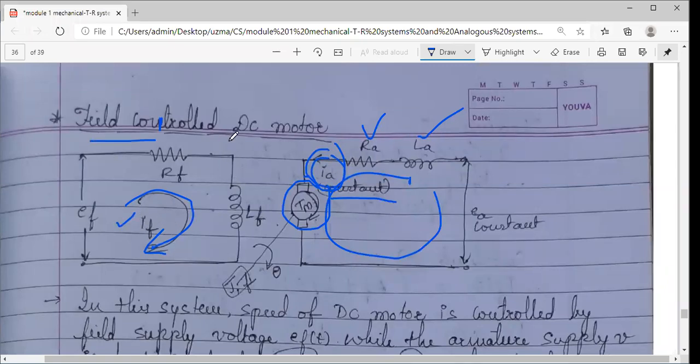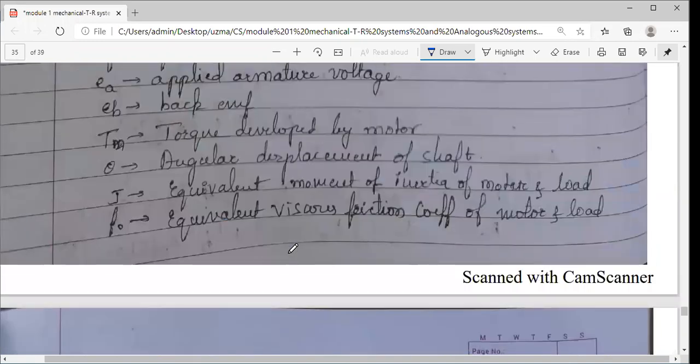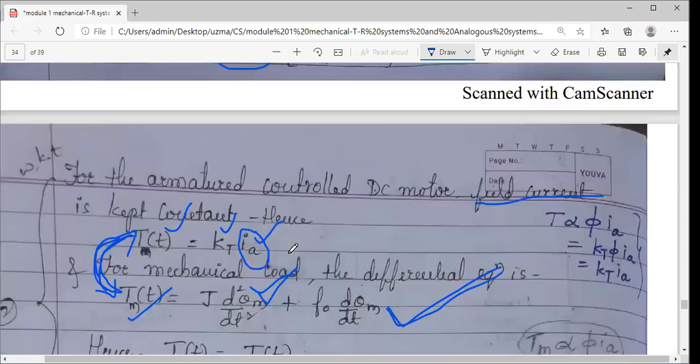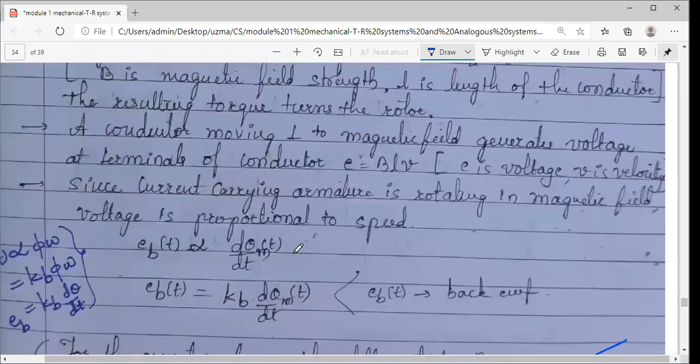This is the circuit for this electromagnet or permanent magnet. And we have a shaft connected. This is your mechanical system. I have not drawn a detailed figure. Simply, I have taken a box and written the J and F symbols here. You can write this in detail, how we have written in the earlier section.